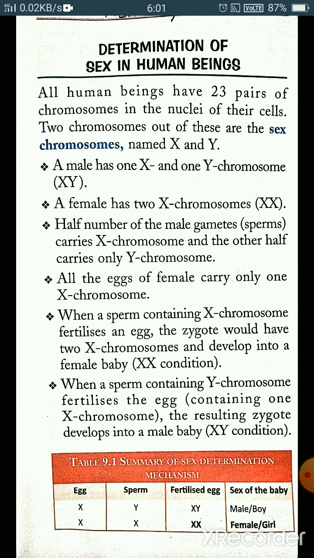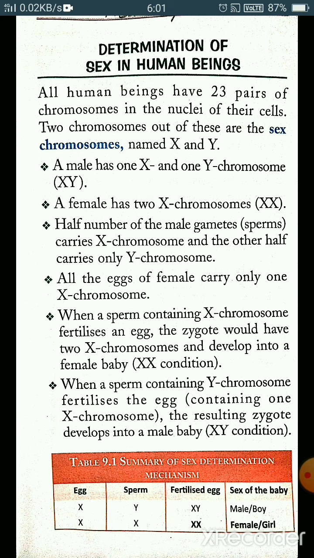Now, determination of sex in human beings. All human beings have 23 pairs of chromosomes in the nuclei of the cell. Male have X and Y chromosomes, that is XY chromosomes. On the other hand, female has two X chromosomes, same chromosomes.